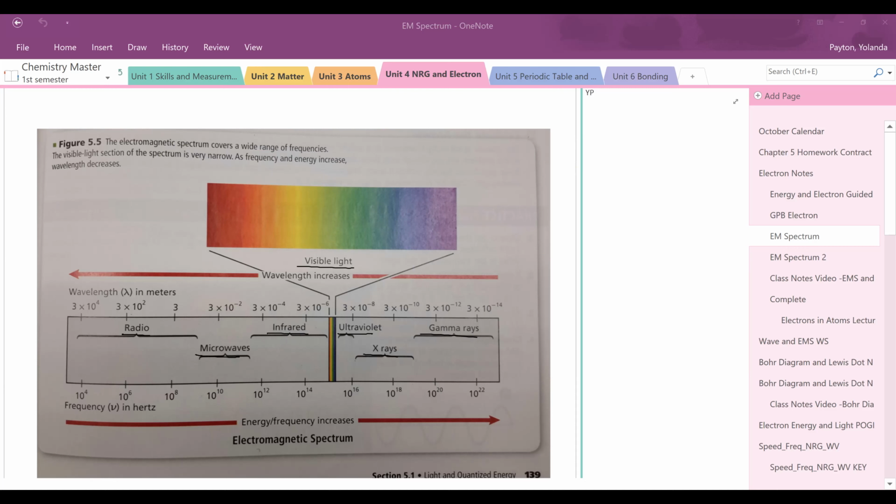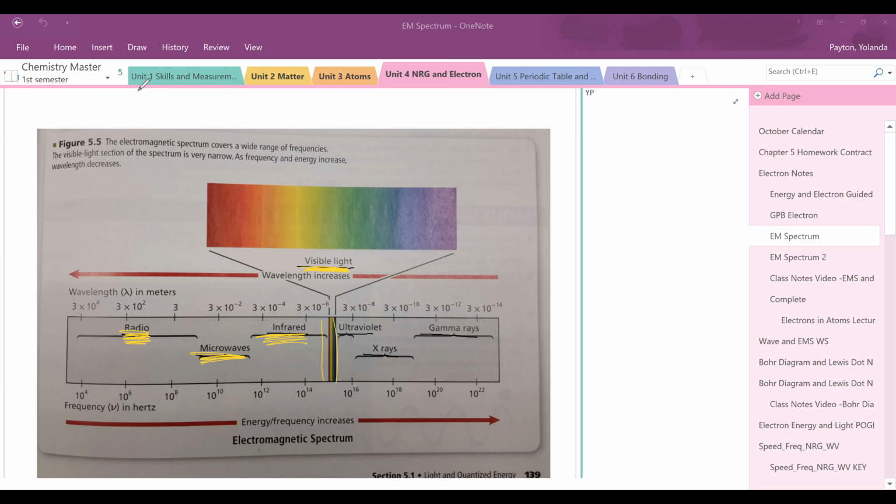So the different categories are, you have radio waves, okay, microwaves, infrared rays. This little skinny part right here, this is visible light. This is the stuff that we can see, okay, so like the colors.